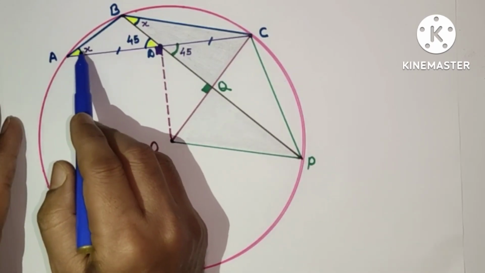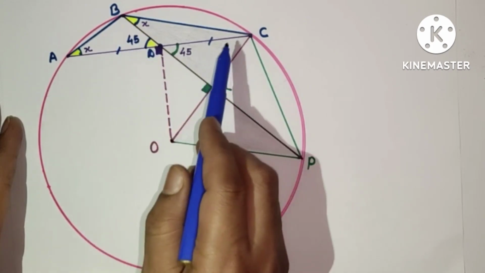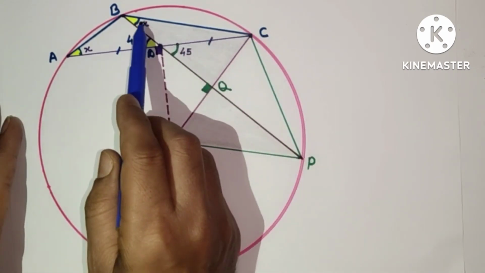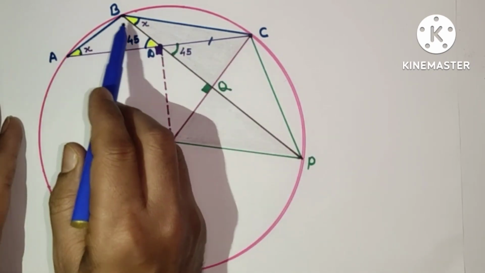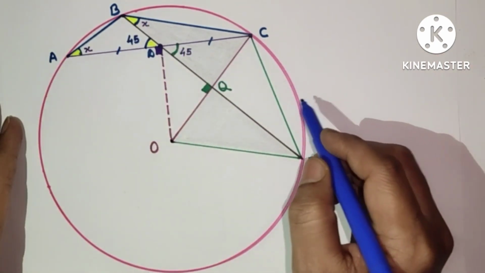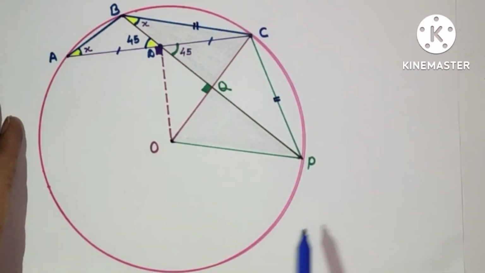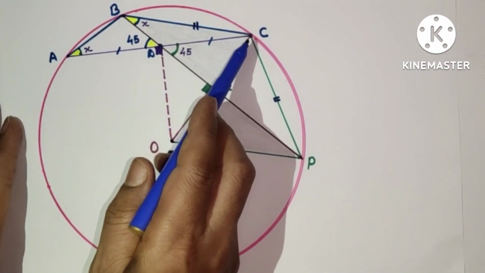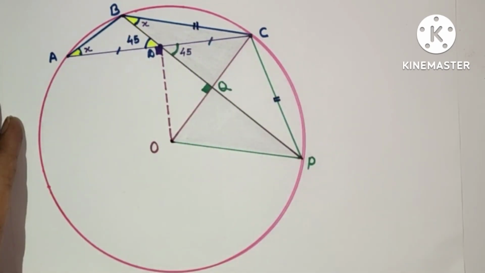This is X, angle subtended by BC, and this is X, angle subtended by CP. So both the angles subtended are equal, so the chords will be equal. So BC is equal to CP. Equal chords subtend equal angles. So CP subtends X and BC subtends X. So both are equal.